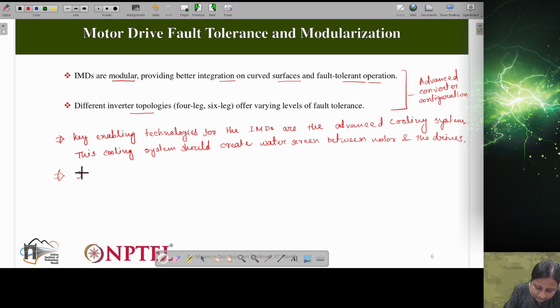So Siemens. You are all familiar with the Siemens technologies. So Siemens invented one cooling.